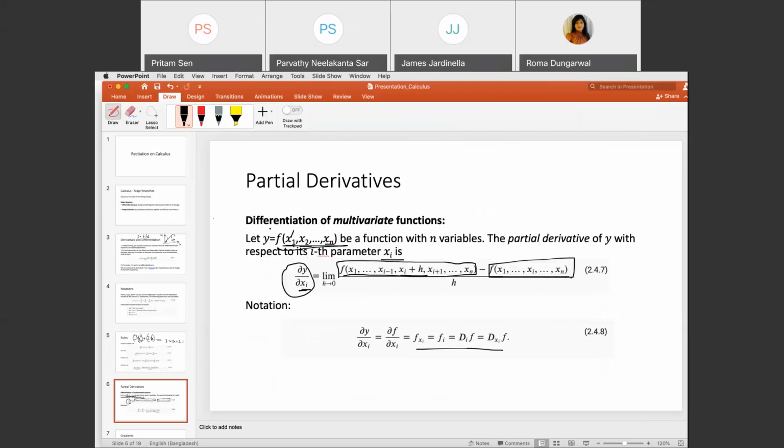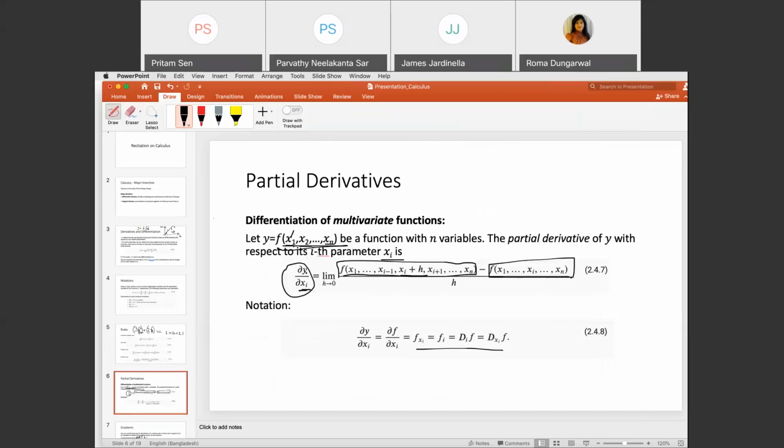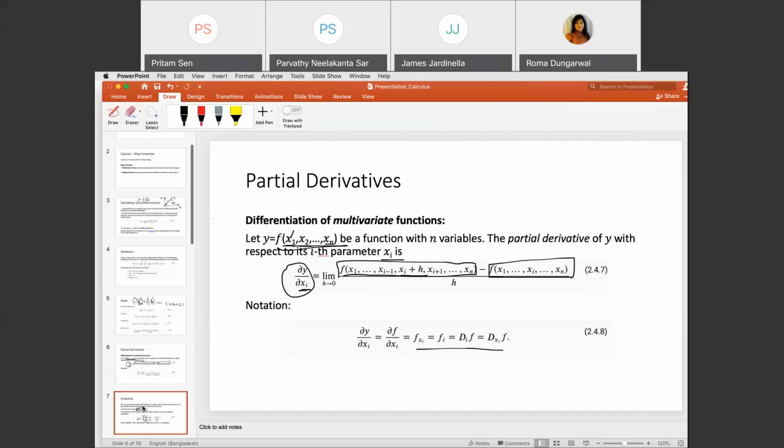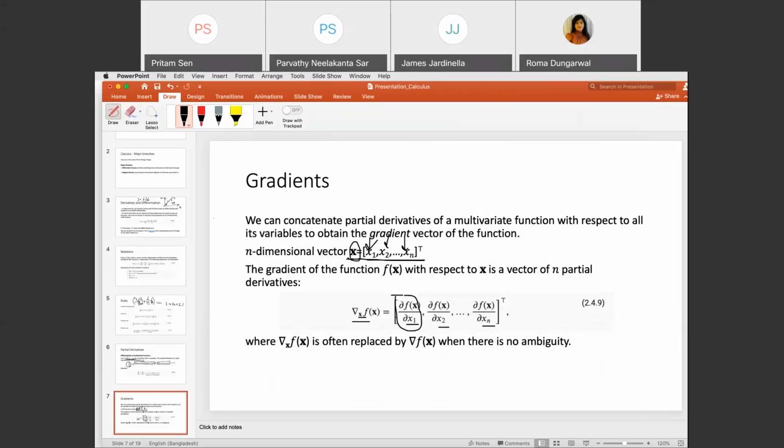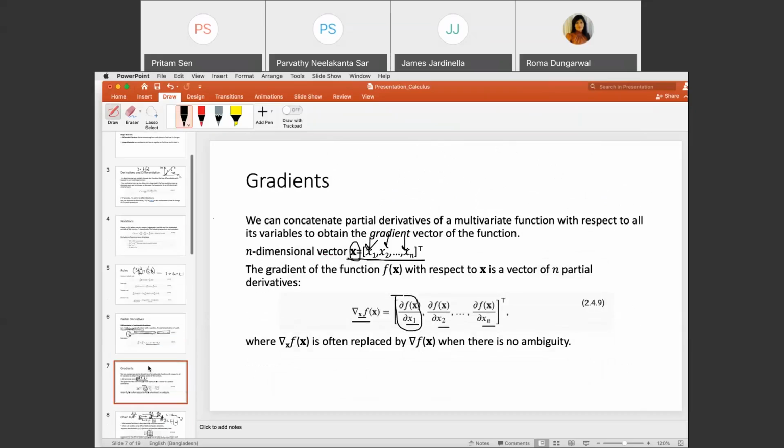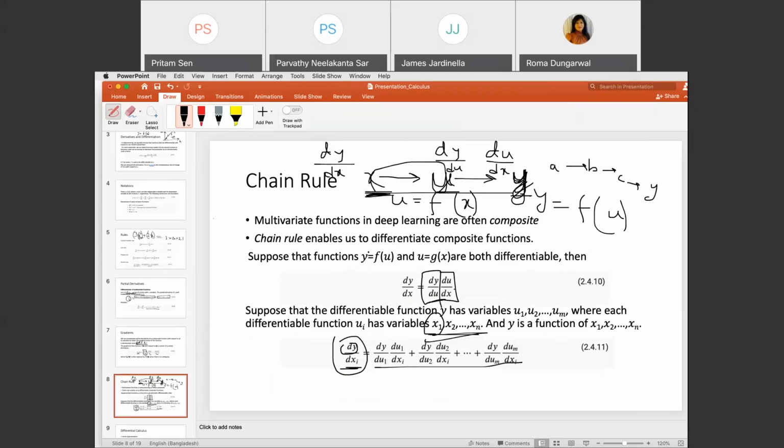And this is the concept of partial derivative, that we can get the effect of each parameter here, and if we combine them all, then we call it the gradient, and we can apply the chain rule so that the effect of multiple functions can be evaluated easily. So now I will go through the web page to show some examples.